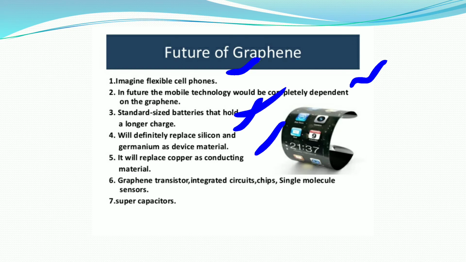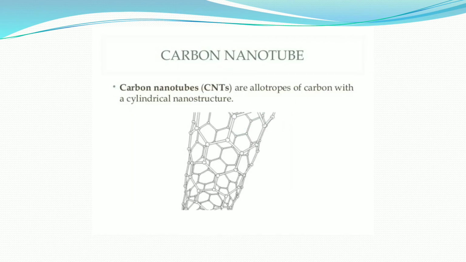The graphene transistor, integrated circuit chip, single molecular sensor, and it will also be used as supercapacitors. Next we are going to learn the carbon nanotube.